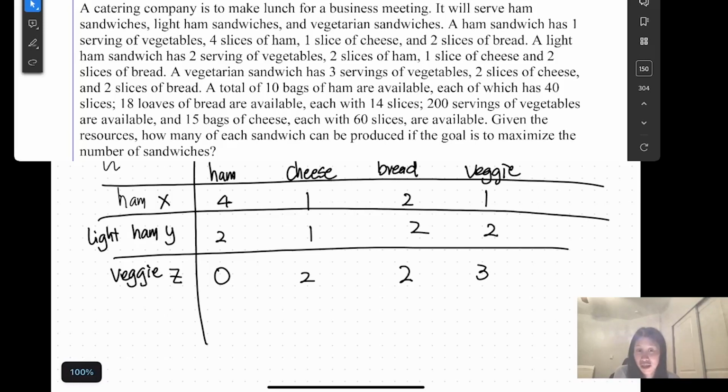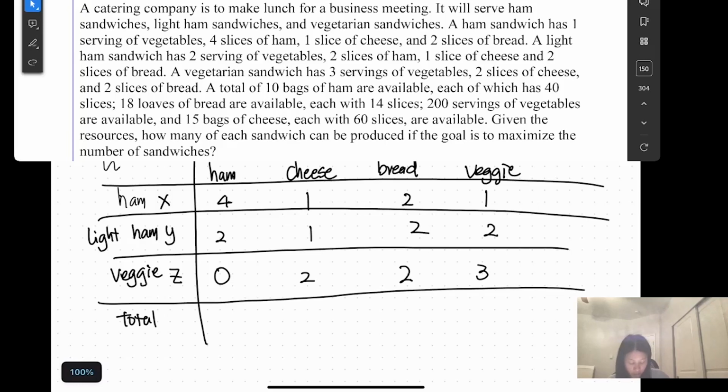But the total amount of ham, they tell you that is what? They have 10 bags of ham available and each one has 14 slices. So that means the total amount, let me write it here. The total amount of ham should be 14 times 10, which is 140. And then for cheese, they also tell you the next one: 18 loaves of bread are available and each with 14 slices.